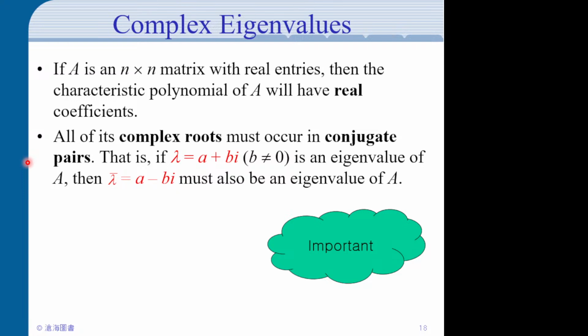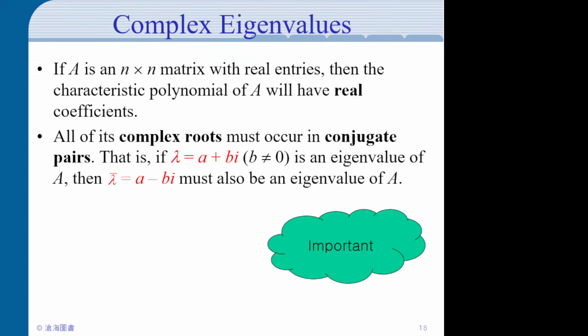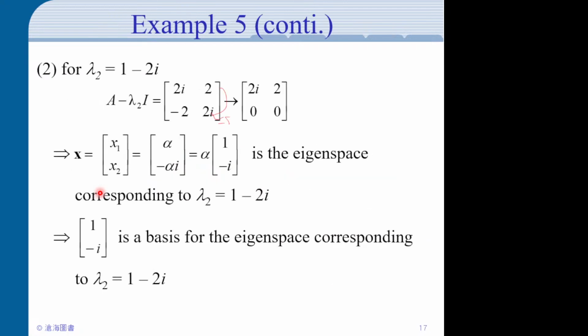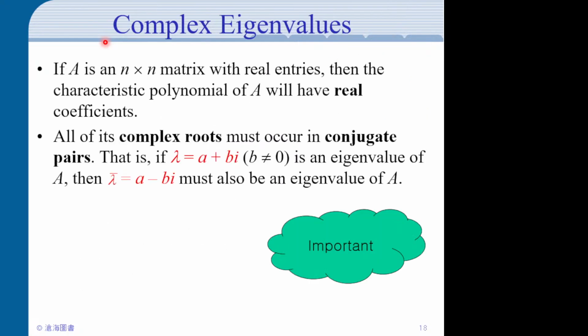If you have a plus bi as an eigenvalue, then a minus bi must also be an eigenvalue. This is something from analyzing polynomials: if you have a real coefficient polynomial, then the complex roots must come in conjugate pairs. And this is what we see in this example. If lambda 2 is 1 minus 2i, then lambda 1 is 1 plus 2i, so we are in this conjugate pair.